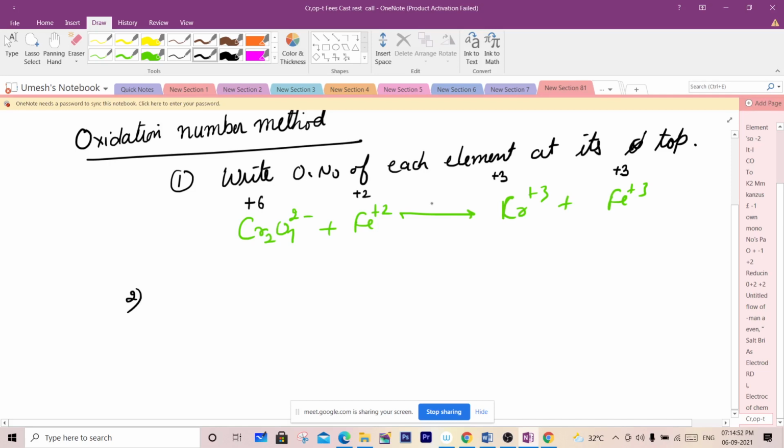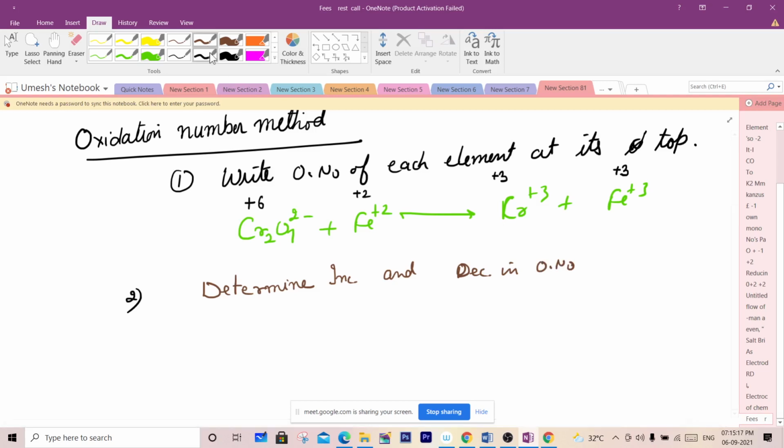Oxidation number of each element at its top. The second step is to determine the increase and decrease in oxidation number.